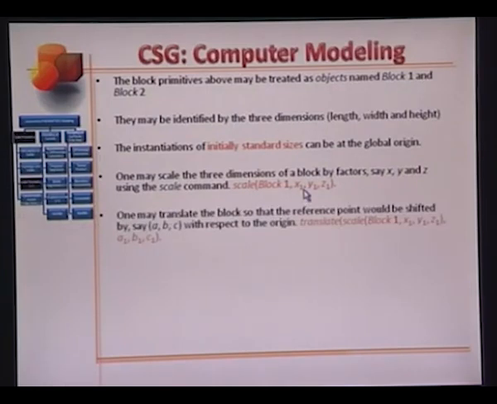One may translate the block so that the reference point would be shifted by, say, coordinates a, b and c with respect to the global origin. This command is represented by translate, scale block 1 with factors x, y, z, and translate by coordinates a1, b1 and c1.